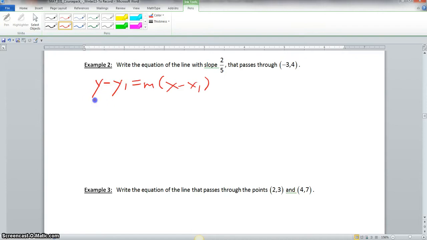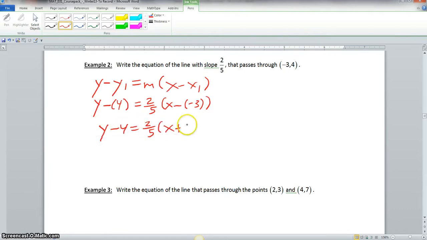So we will substitute. We will have y minus y sub 1, which is 4, is equal to the slope, which is 2/5, times x minus x sub 1, which is -3. Now we will have y minus 4 is equal to 2/5 times x plus 3.